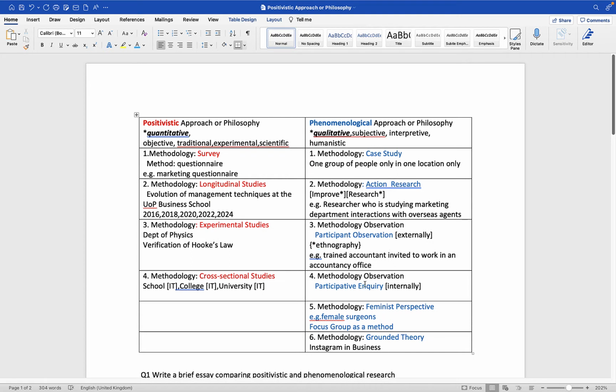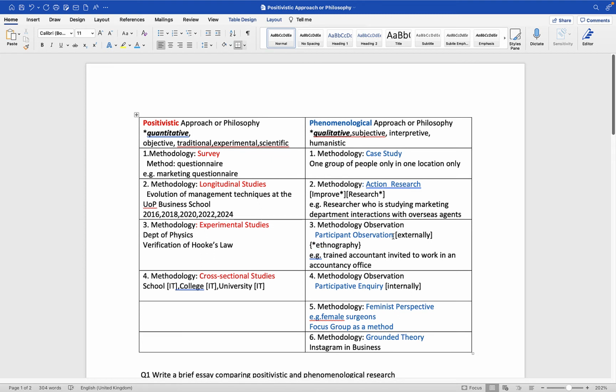Now, the third and fourth methodologies are sometimes combined. So major textbook authors would talk in terms of observation. I tend to separate observation into 2 distinct categories, depending on whether you're observing externally, in which case I call it participant observation. But if the research involves observing internally, then I tend to use the term participative inquiry.